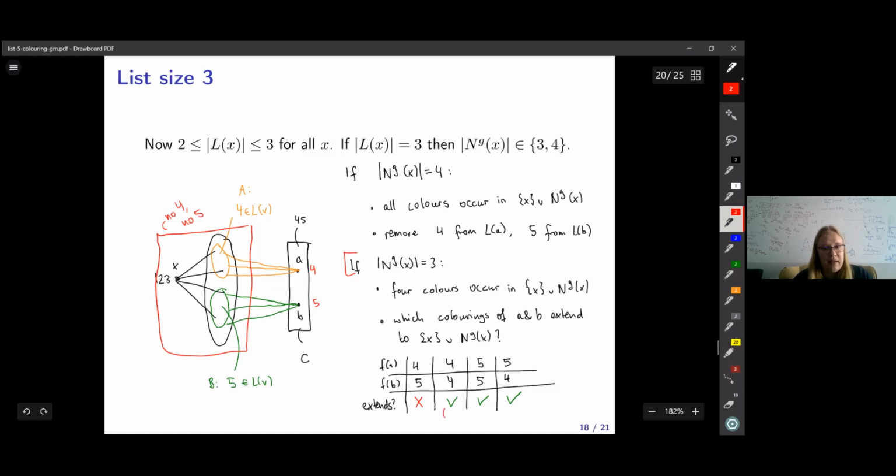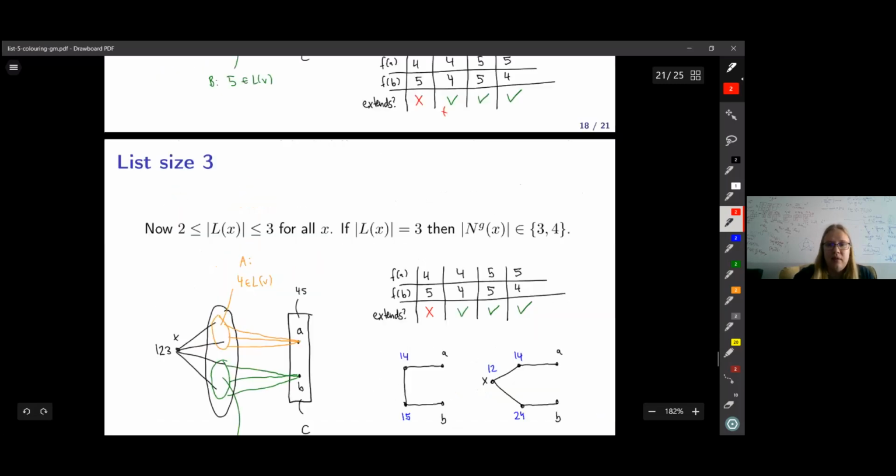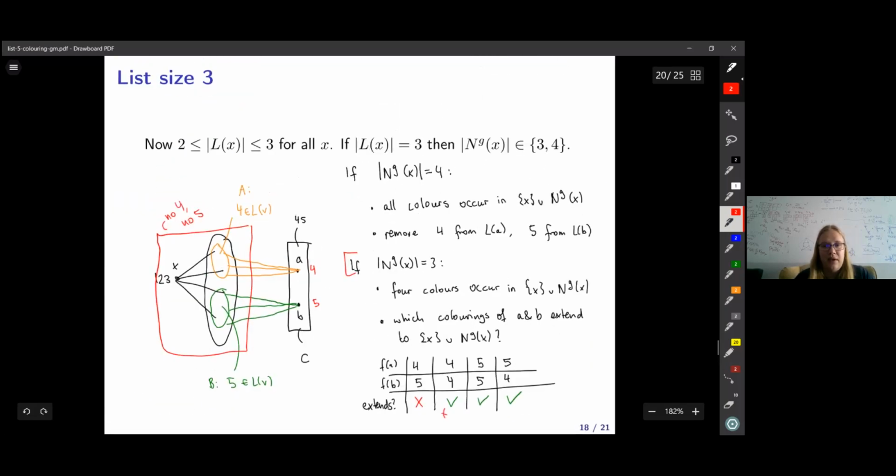So in the case that 4 and 4 doesn't extend, if this is X, then just remove 4 from A's list. Right, because 4 and 5 doesn't extend, 4 and 4 doesn't extend, so no choice of coloring A 4 extends.